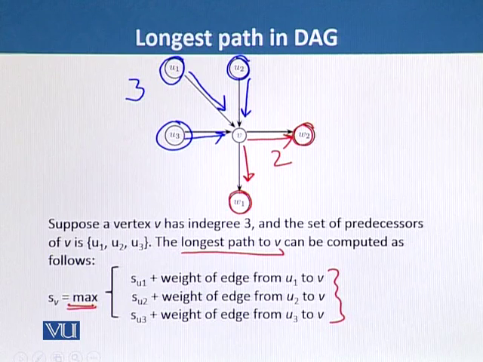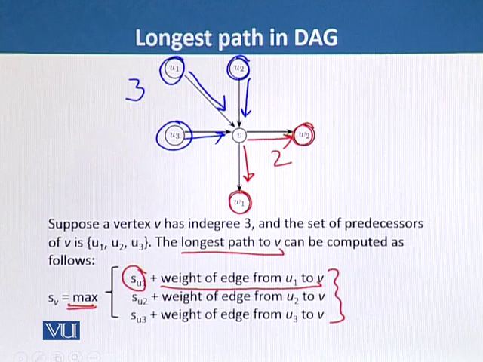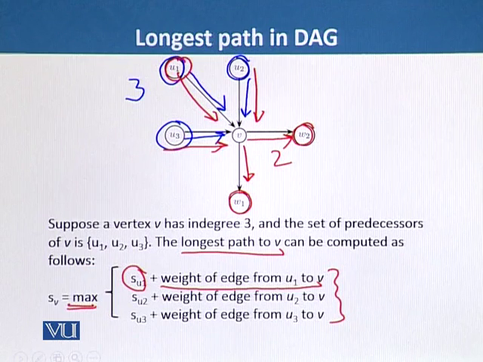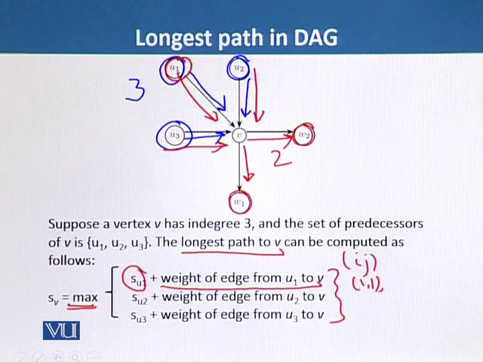For this purpose, first we calculate s(U1) and add the weight of the edge from U1 to V, and similarly for U2 to V and U3 to V. Here we have only a single value, whereas previously we found values as i and j, such as (1,1), (3,4), etc., all in the form of a pair.